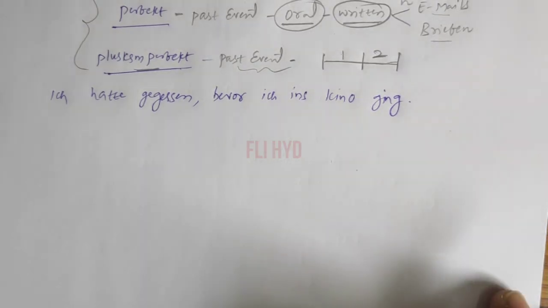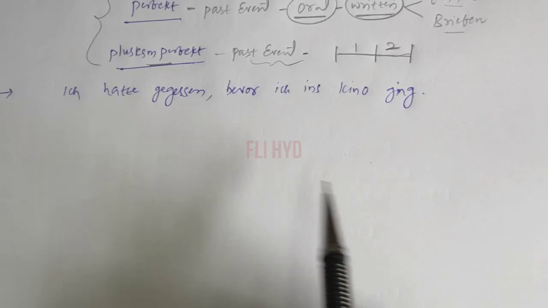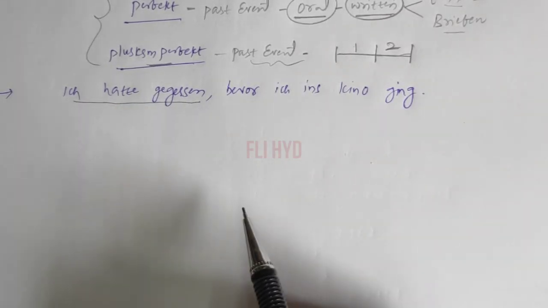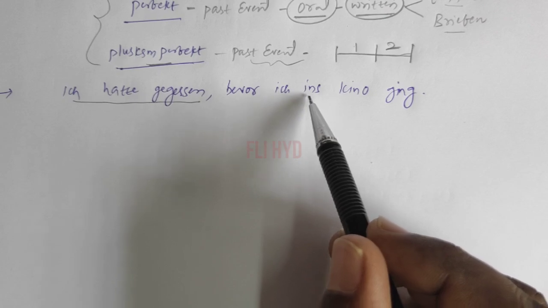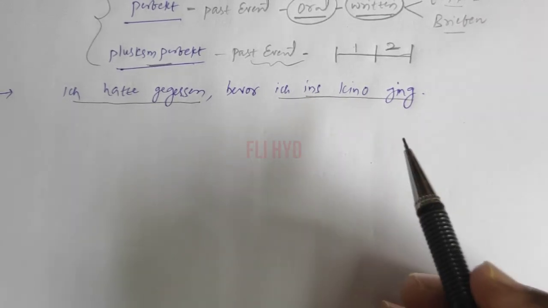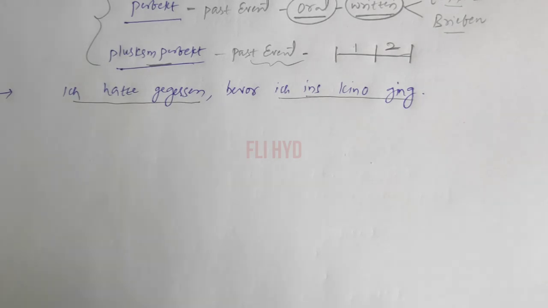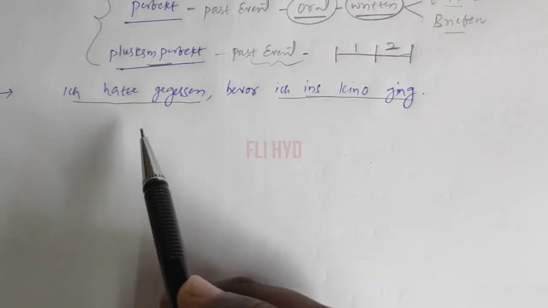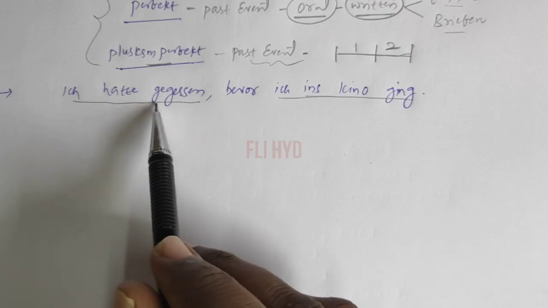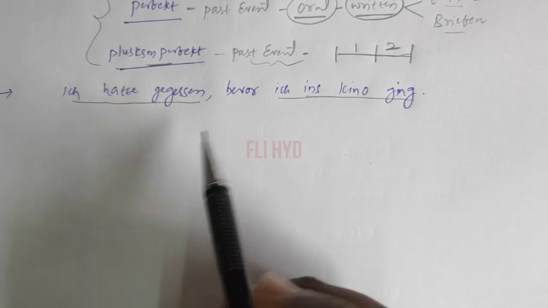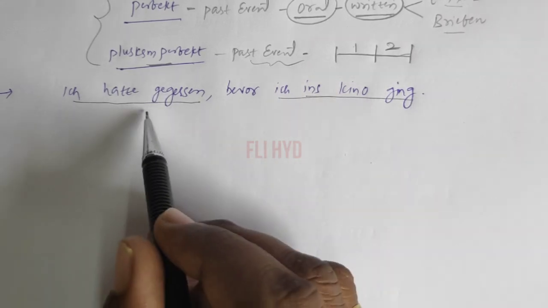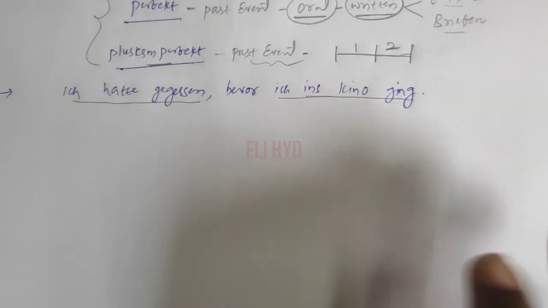So here there are two actions, both in the past. Ich hatte gegessen, I had eaten. Ich ging ins Kino, I went to the cinema. After one action another happened. What happened first? I had eaten before I went to the cinema. So first I had eaten, then I went to the cinema.